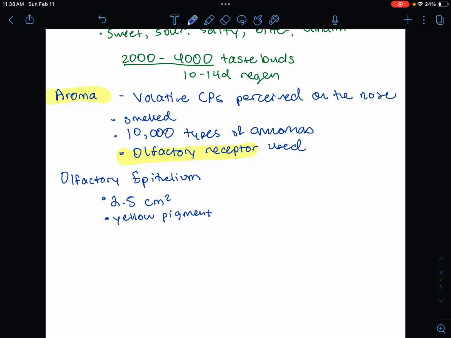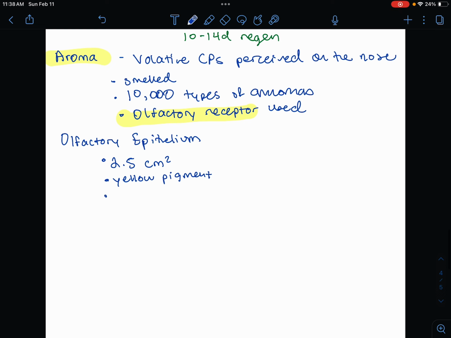The doctor did not actually know why there's a yellow pigment there. He said it's of an unknown function. There are 12 million receptor cells, and they regenerate every 4 to 8 weeks.